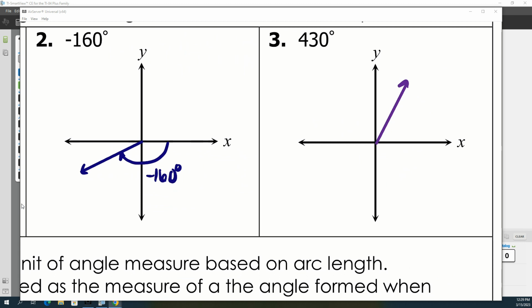And then to label it, you have to show the full rotation, so you do a swirl, and that's going to be 430 degrees. So that's a different way to think about angles.